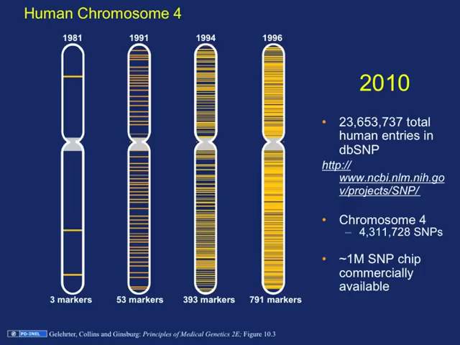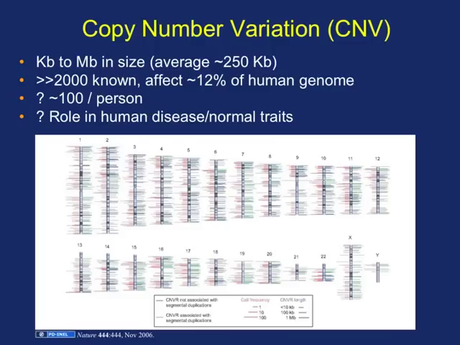Here's where they were by 91. Here's where they were by 96. If you now go into the SNP database, this is a year or so out of date, there are over 4 million known common variants sitting on chromosome 4. Over 24 million known variants in the human genome. So there's lots of variation out there.